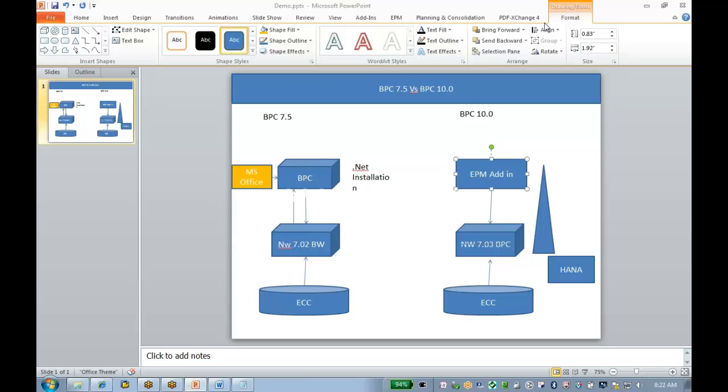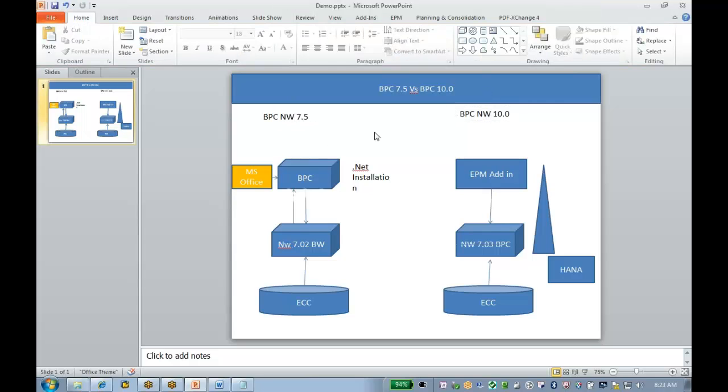Right. So basically, what I am trying to explain here, SAP yesterday released BPC 10, BPC NetWeaver 10, BPC NetWeaver 7.5. This one was released yesterday itself. Now we are discussing whether, going ahead from tomorrow onwards, if I start the session, I have to go with BPC 10 or BPC 7.5.